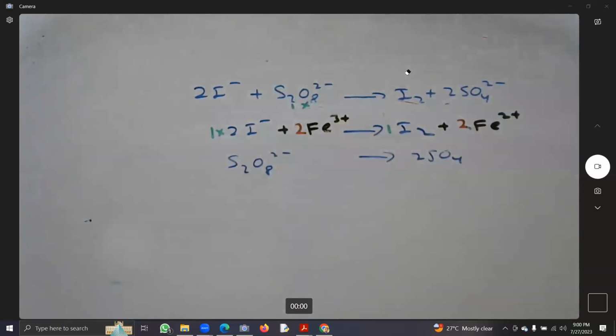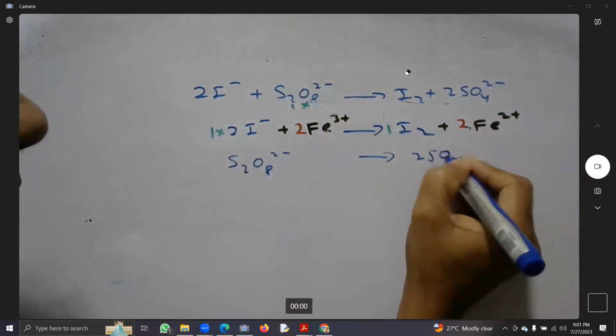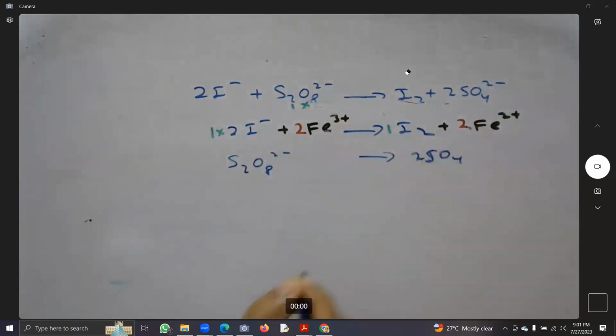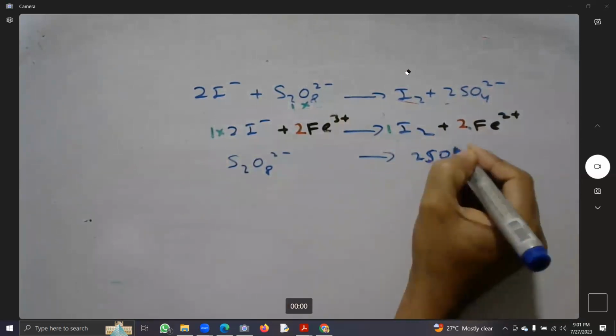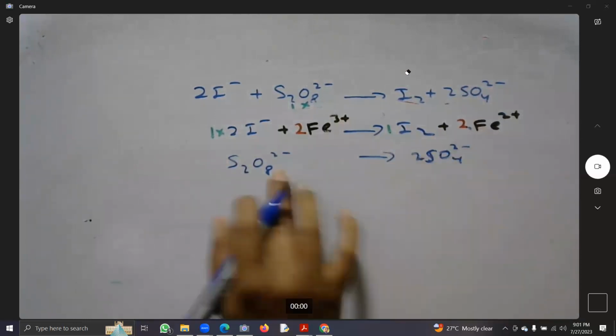Then what I have here, you check it. This is a 2 minus charge, but this is a 4 minus charge, so the charge is not balanced.